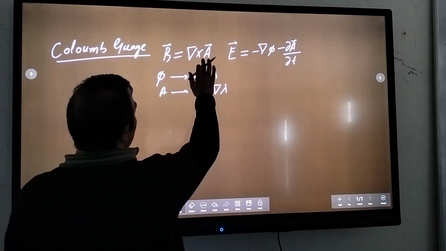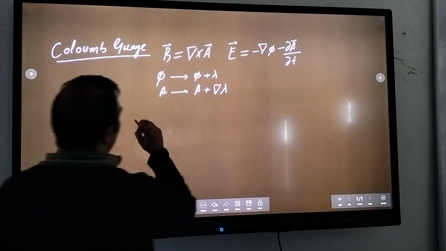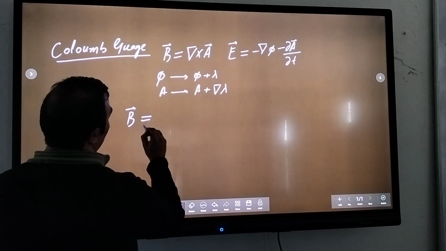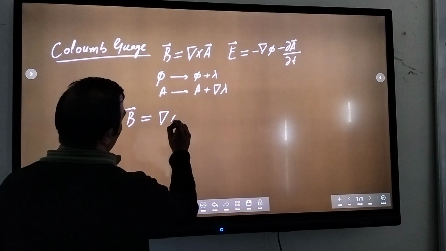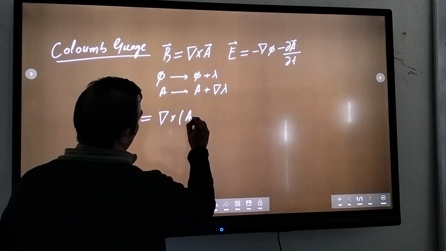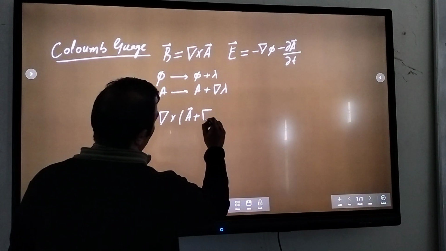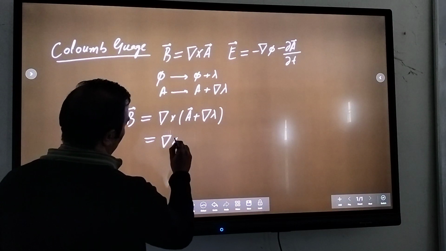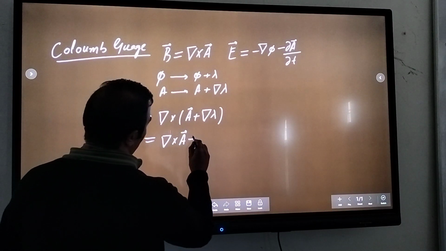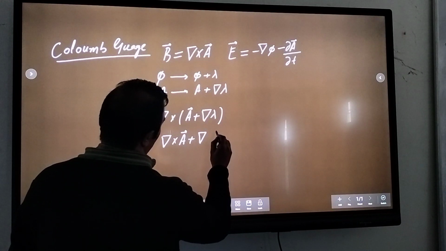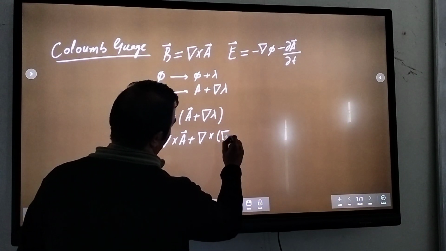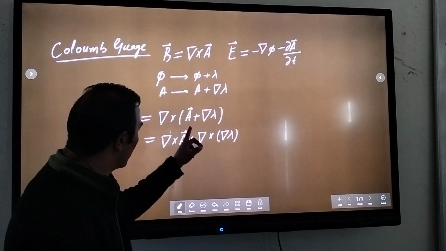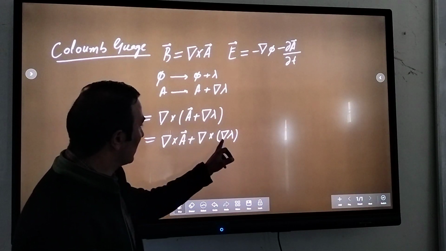So let us use this A in this equation, B equal to curl of A. Okay, तो मैंने सिंपली यहाँ पे क्या किया, I expand this, so this will be curl of A plus the curl of this gradient.